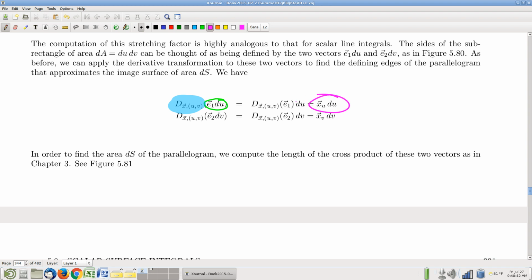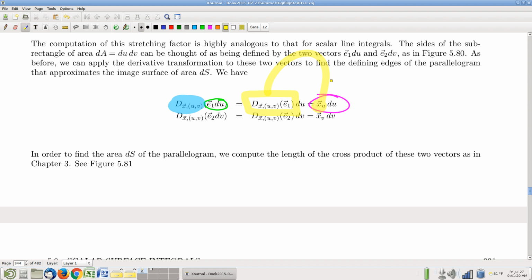Now this computation is a lot like a couple of calculations we've done already. Apply the derivative transformation. We have a bunch of techniques for applying derivative transformations, right? For one thing, scalars factor out. So this du here factors right outside because it's a linear transformation. Okay. Secondly, derivative transformation applied to a standard basis vector is a partial derivative. Right? From way back in section 4.5.